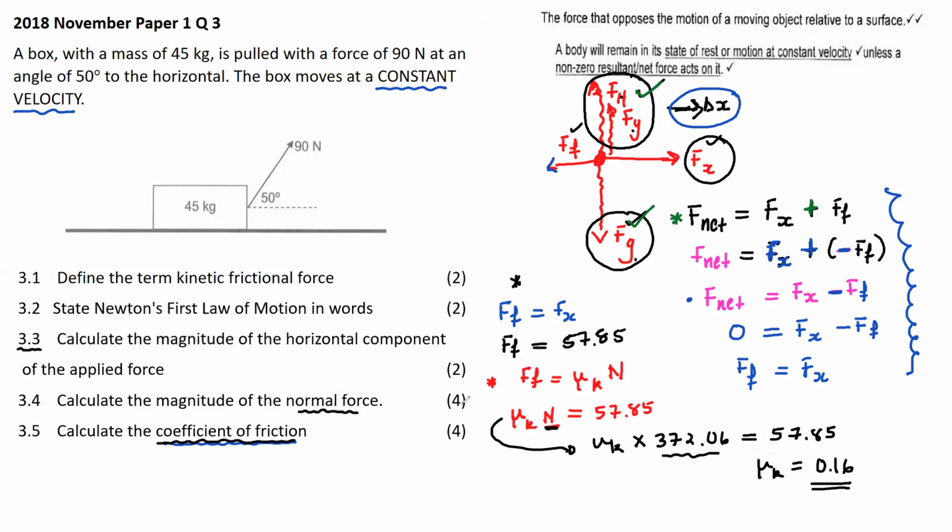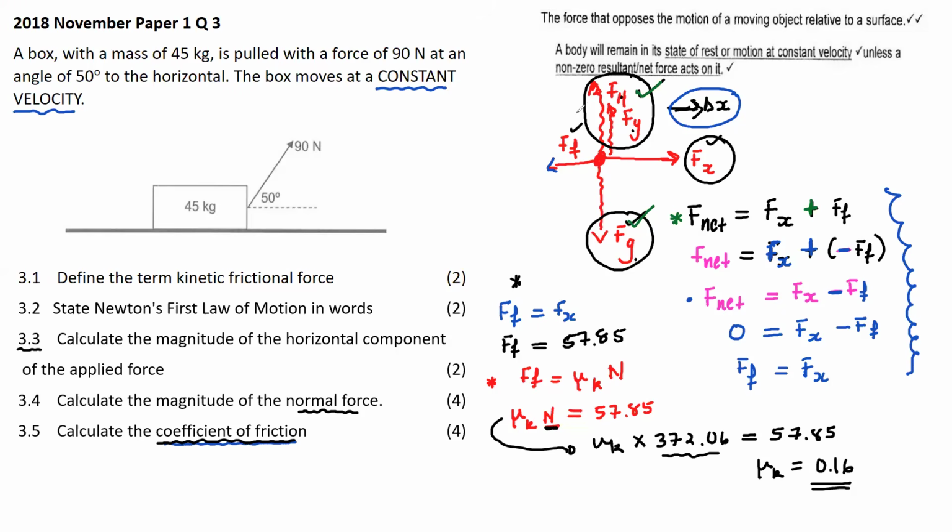Somebody asks, if an object is moving at constant velocity, does it mean that Fx is equal to Ff? Not all the time, because sometimes you could have other forces available, like when there's tension and stuff, so it becomes a bit tricky.